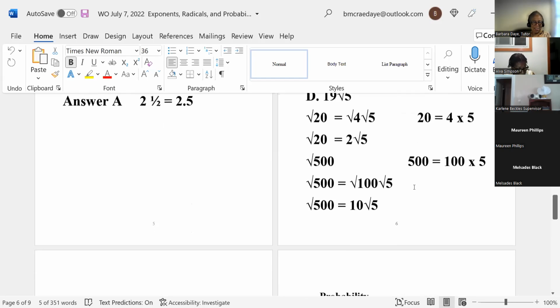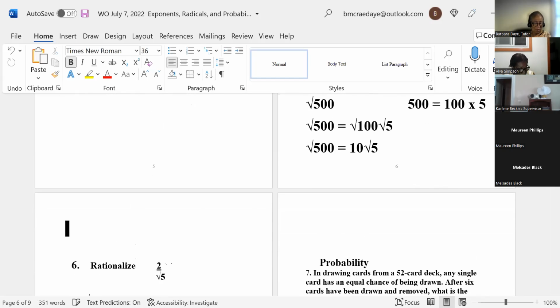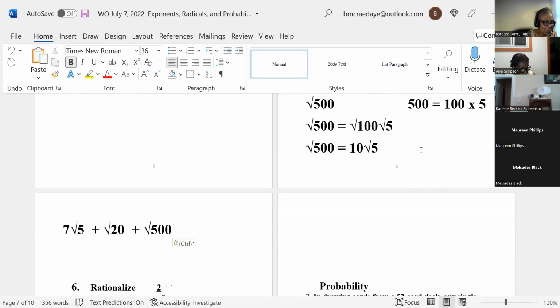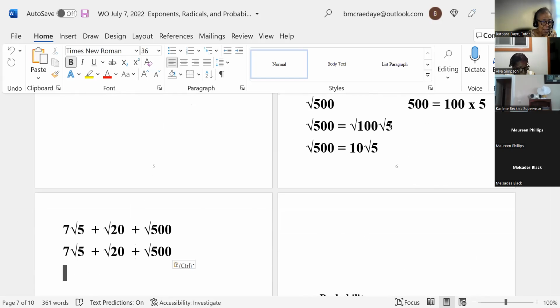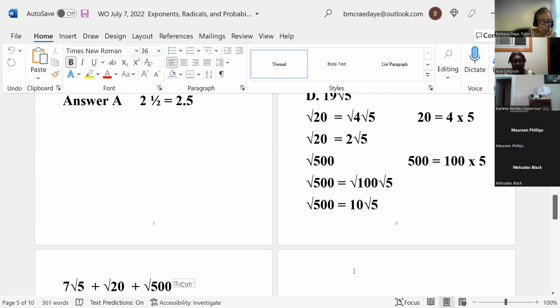Okay, so let me just put this here, since we broke it down for each one that didn't have the square root of 5. So we'll just put square root of 5. Just copy that again. Now the square root of 20, go back up here. Square root of 20 is 2 times the square root of 5.